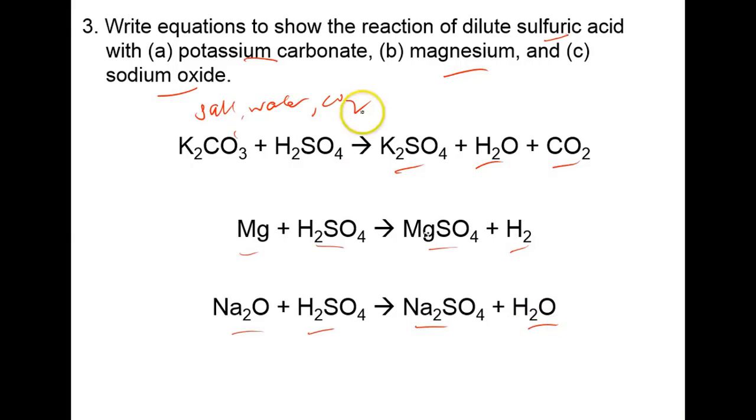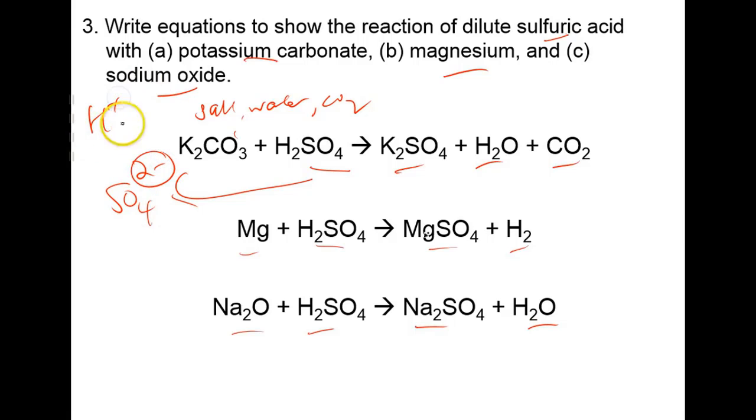Take note, SO4 has a charge of 2 minus, H has a charge of plus. That's why we have two H's here. K is in group 1. Group 1 means that it will lose a single valence electron to form K plus. So to balance 2 minus and plus, we need 2 of the K's.